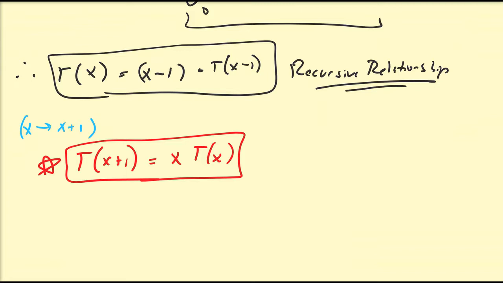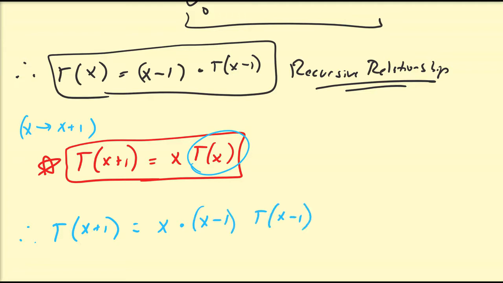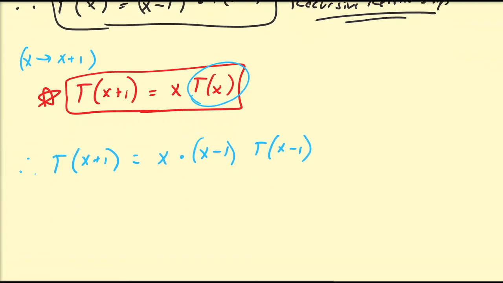So using this relationship, we can get our second property. So if gamma of x plus 1 is equal to x gamma of x, then that means gamma of x plus 1 is going to be equal to x times, so we're going to apply the recursive relationship to gamma of x, so that's going to be x minus 1 times gamma of x minus 1. We can apply the recursive relationship to this.